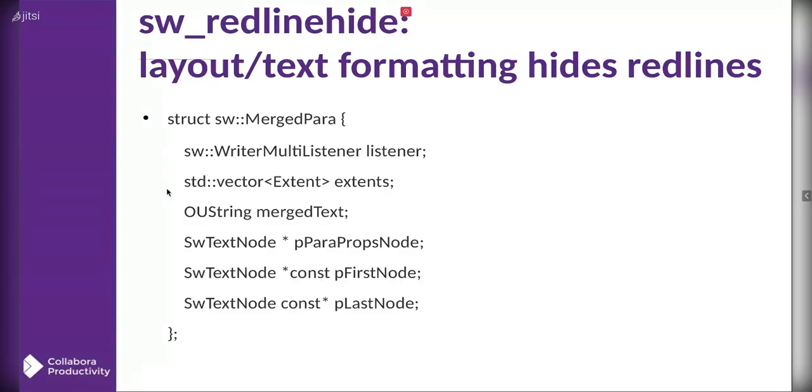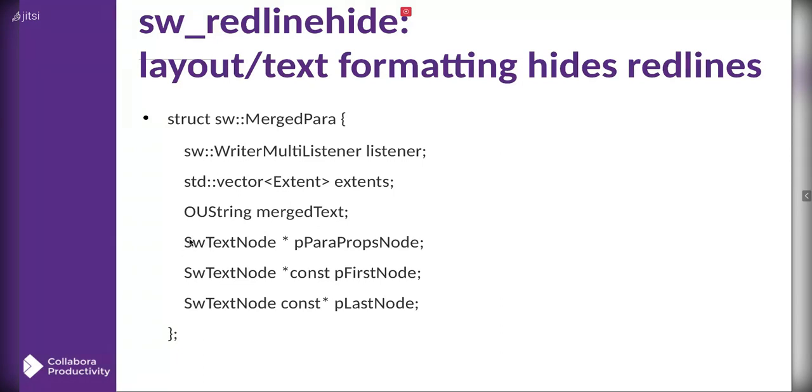And as you can guess from the term merge paragraph, you can start your deletion in one paragraph and end it in another paragraph. So you effectively get a single merged paragraph out of multiple document model text nodes.